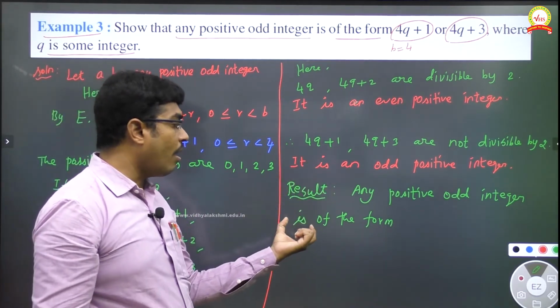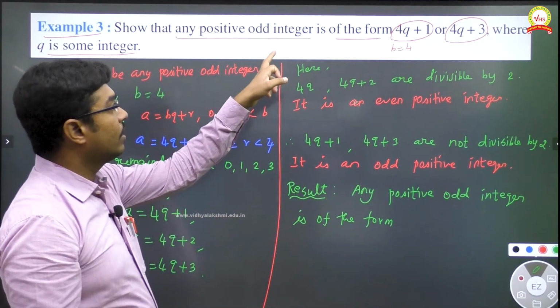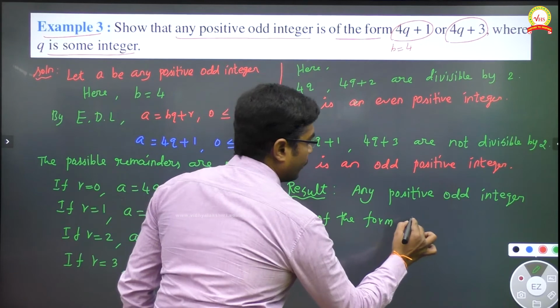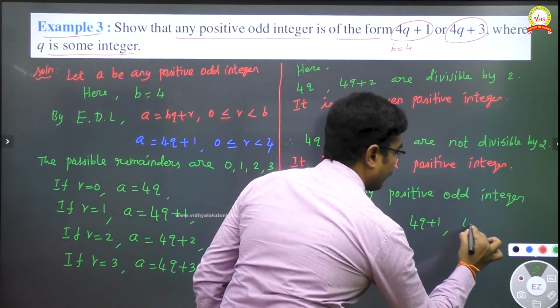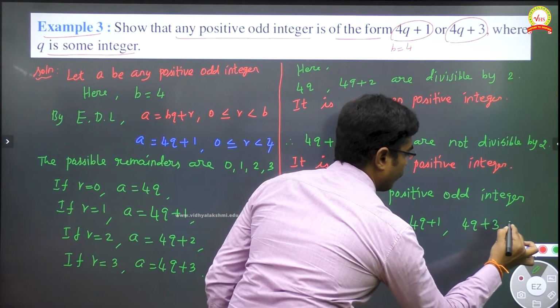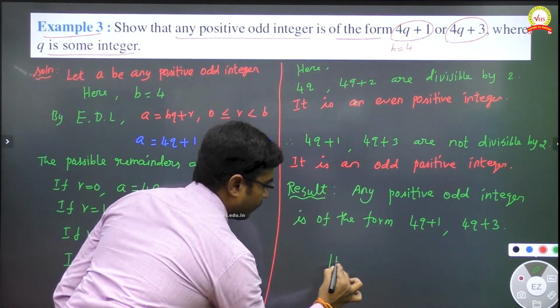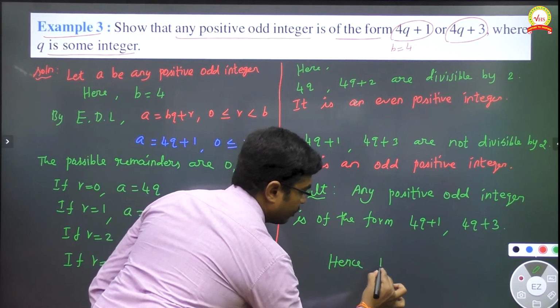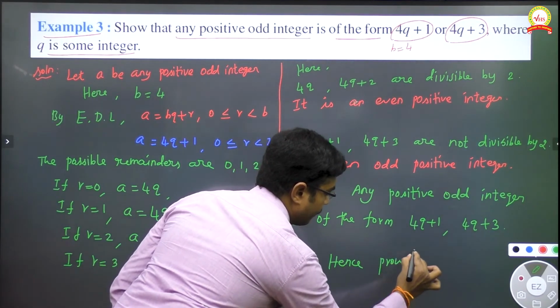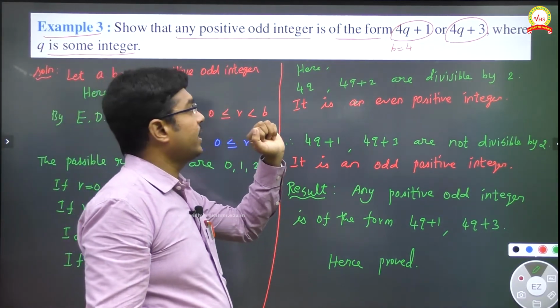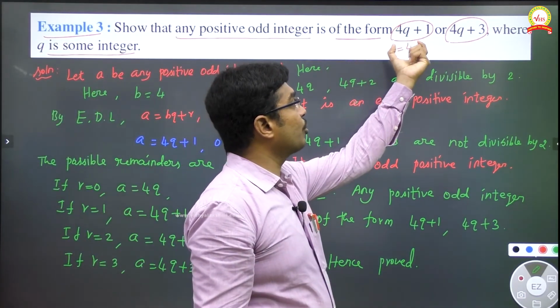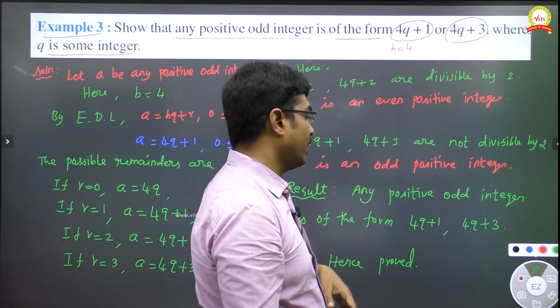Any positive odd integer is of the form 4q plus 1 and 4q plus 3, hence proved or verified. Okay, see, any positive odd integer, my dear students, is of the form 4q plus 1, 4q plus 3.